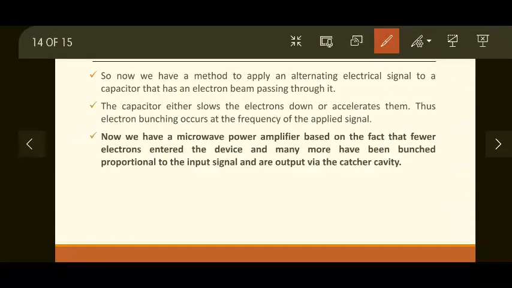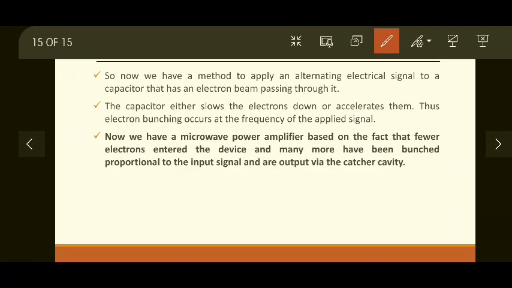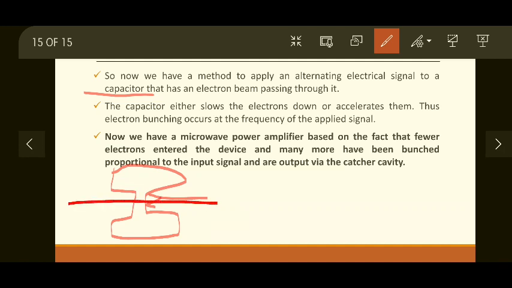So how does this amplify the input microwave signal? That is again a question. Now we have the method to apply an alternating electrical signal, that is our microwave signal, to a capacitor. Where does the capacitor come from? This Buncher cavity gap acts as a capacitor. So this is our capacitor, applied to a capacitor that has the electron beam passing through it. Through this capacitor, the electron beam is passing.